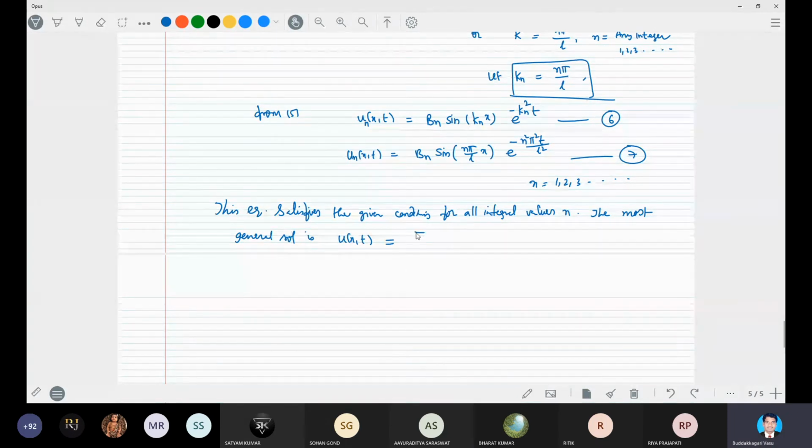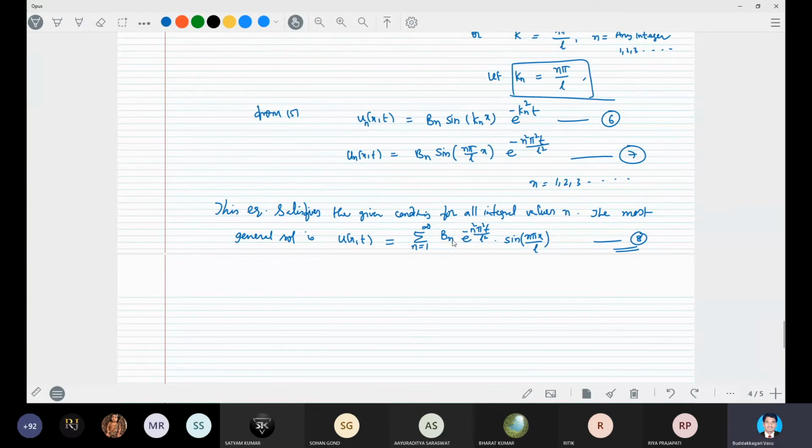That we can write as the sum from n = 1 to infinity of b_n e^(-n²π²t/L²) sin(nπx/L), right? This is the required answer, but still one arbitrary constant b_n is there.